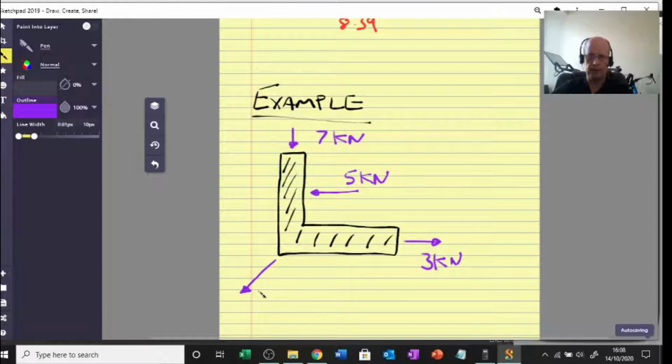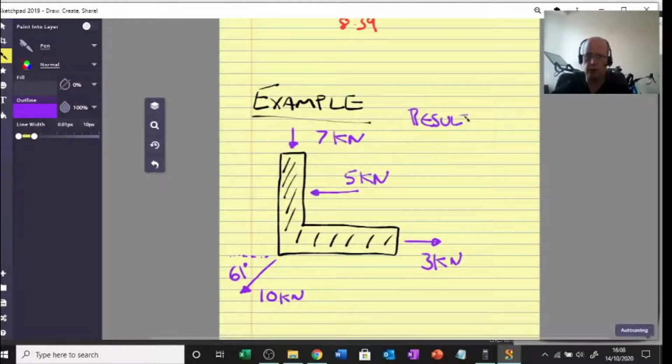The angle, this can be, say, 10 kilonewtons. So it's coming down, and the angle there, let's say, is 61 degrees. So we've got to work out now the resultant force of this.